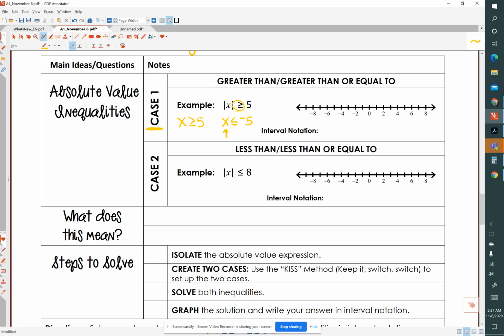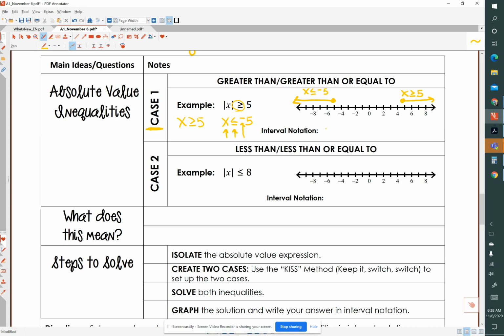Keep, switch, and then switch that sign. So we graph a solid dot on -5, and that is our x is less than or equal to -5. I'm going to label that right here. And 5 to positive infinity. This is our x is greater than or equal to 5.